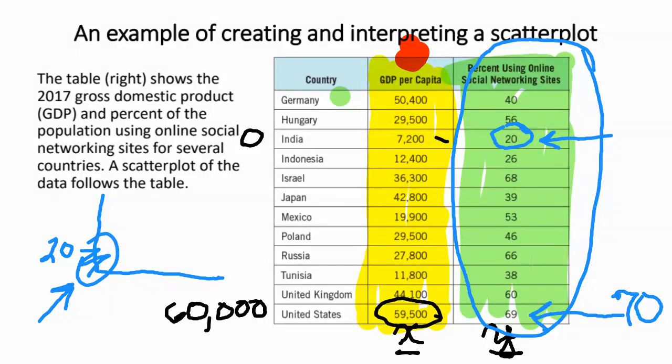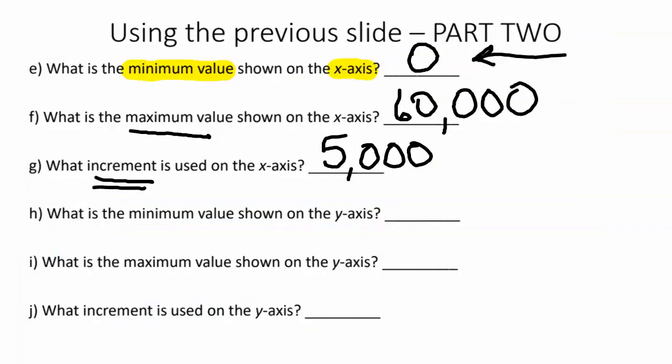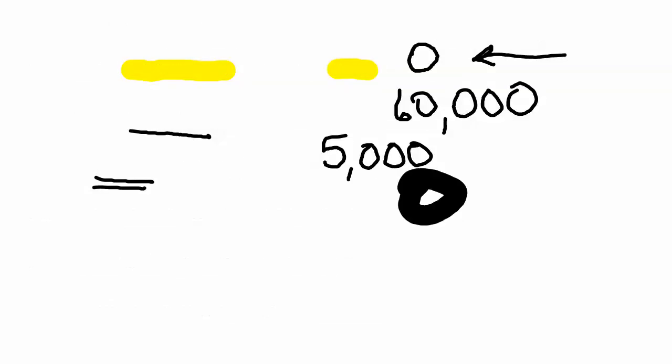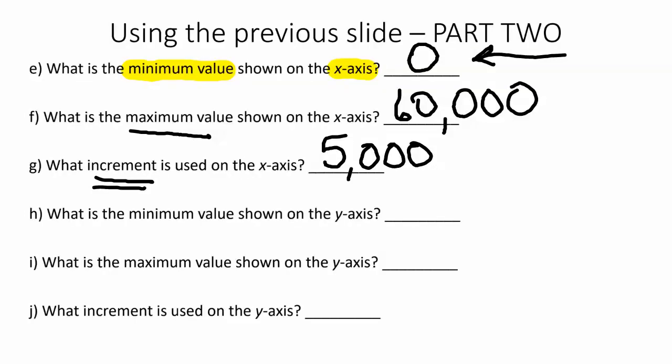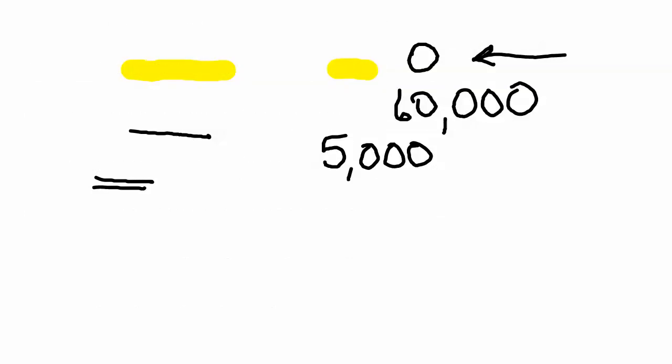So when I come here, what is the minimum? Well, preferably, I like 0. That's my choice. That is also something that I prefer to do.